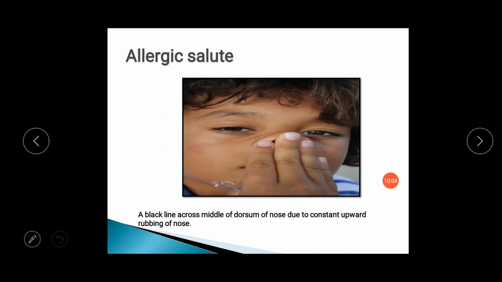So this is the classical external sign over the nasal cavity by which we can identify a patient of allergic rhinitis. Here the constant upward rubbing of the nose over the columella will form a blackish line over the dorsum of the nose over here on the external part of the nose. So that is known as Darier's line or allergic salute.